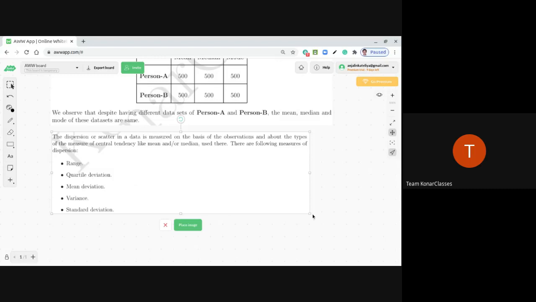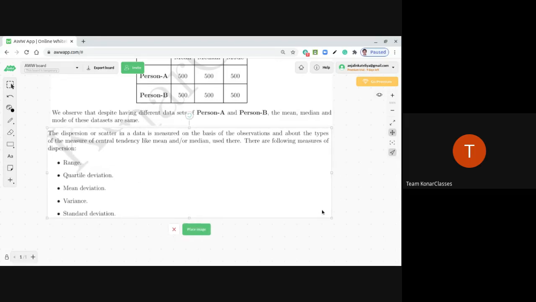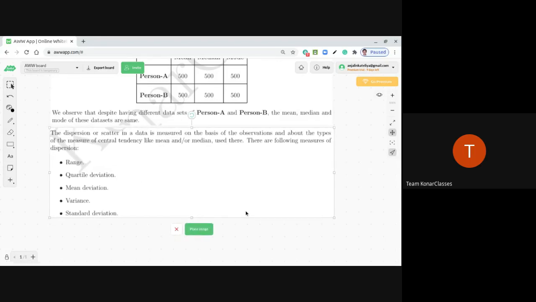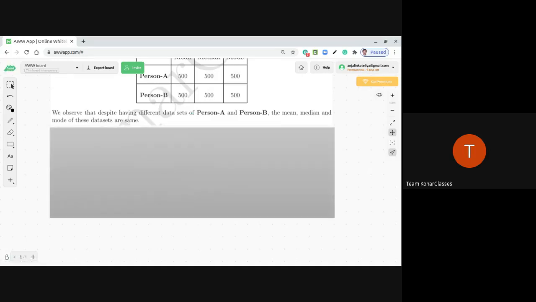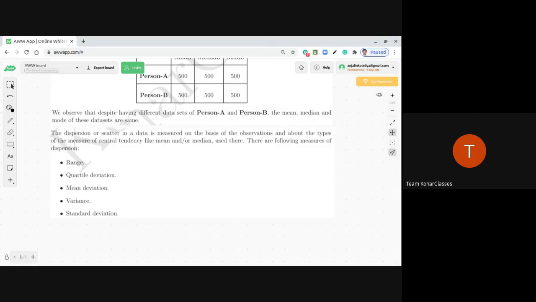So if you look into this note, dear students, the dispersion or scatter in a data is measured on the basis of the observations and about the types of the measures of central tendency. What does it mean by that?